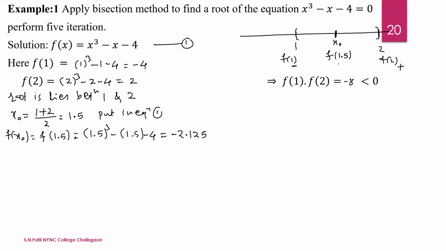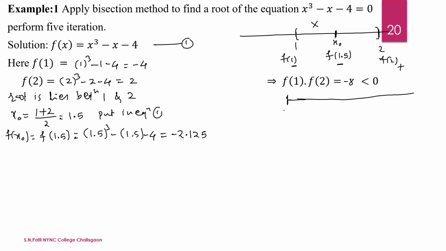So f of 1.5 is negative. Now from this diagram, we identify in which interval the curve passes. This is the negative sign and this is the positive sign, that is, opposite signs of the function. Here, the same sign, the root is not passing through. Here the root is passing through.